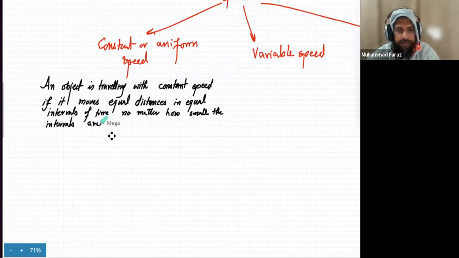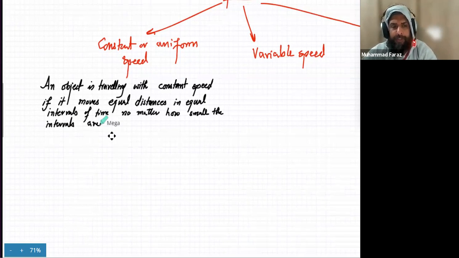For example, if an object travels 10 meters in 1 second, another 10 meters in the second, and another 10 meters in the next second, it means it is moving with constant speed because it is traveling equal distances in equal intervals of time.